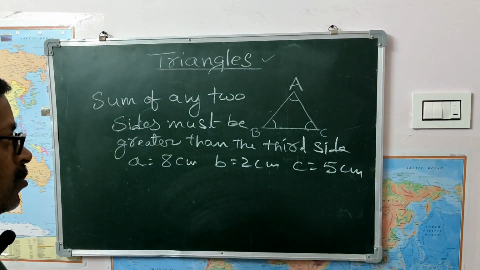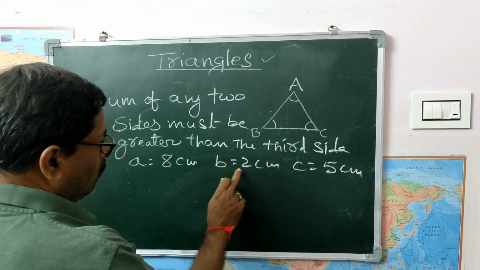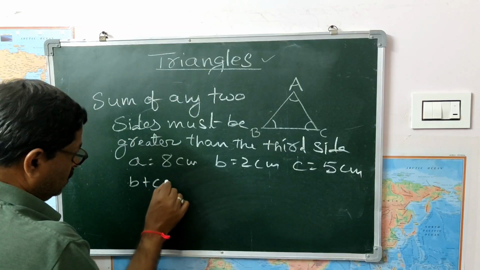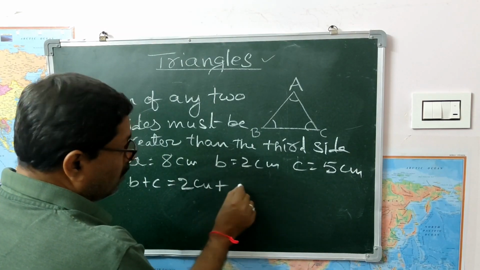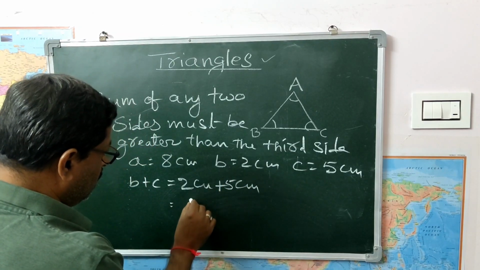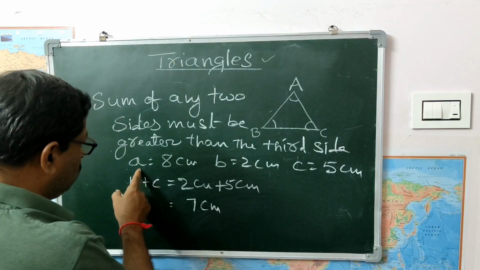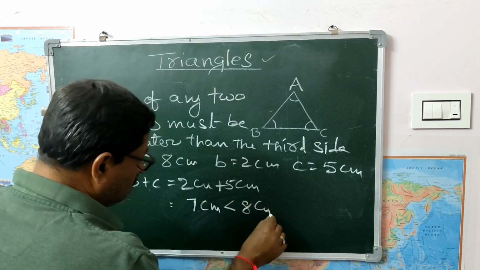If you check the same property, consider B plus C. What is B plus C? B is equal to 2 centimeters plus C is equal to 5 centimeters, and the sum is 7 centimeters. What about the third side A, which is 8 centimeters?